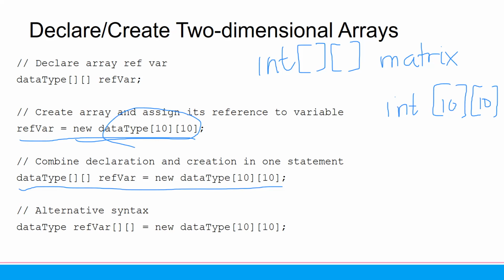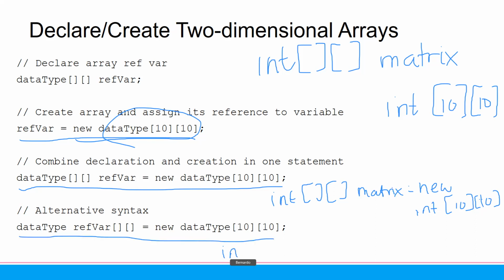So you have the integer with two dimensions, and then let's say matrix, and after you have this, you want to define new integer 10 and 10, for example. So you can also give the statement in one line, or if you want to use this type, that's also possible.